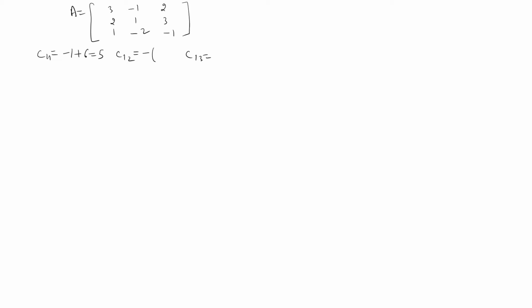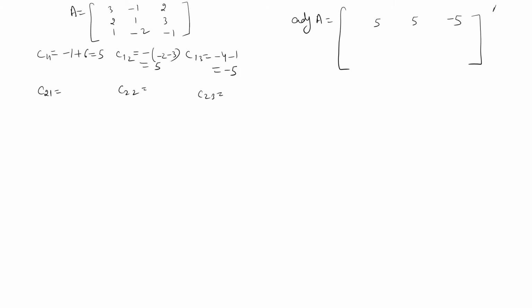Here it is minus 2 minus 3, that is minus 5, and here it is minus 4 minus 1, that is minus 5. So this is the adjoint of A without transpose; I have to take the transpose here. Now let us take 2, 1, 2, 2, 2, 3. This will be with negative, this will be with negative.